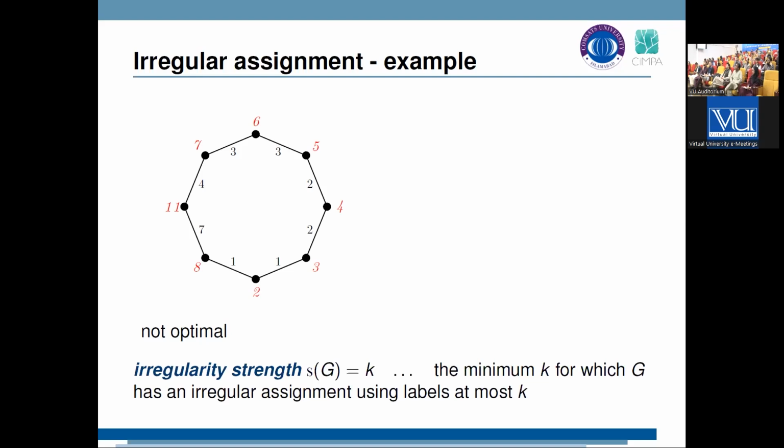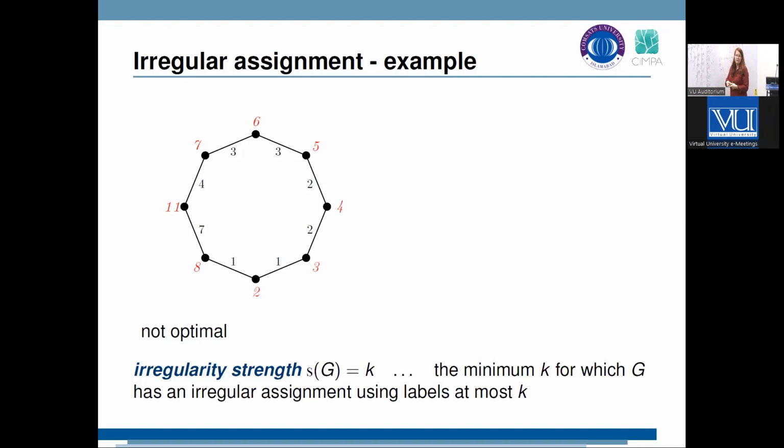Okay, so let's think about this graph. We have a cycle on how many vertices? On 8 vertices. So how many edges do we have here? 8 edges. Yes. So we know that the minimal vertex weight is 2.